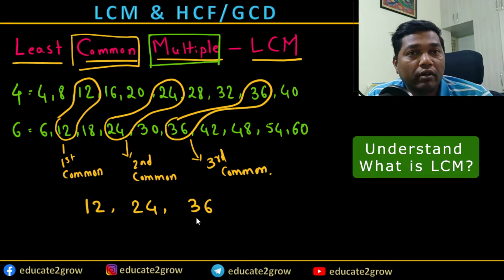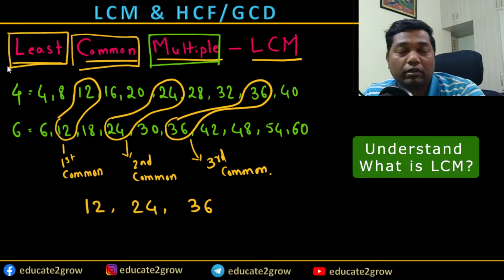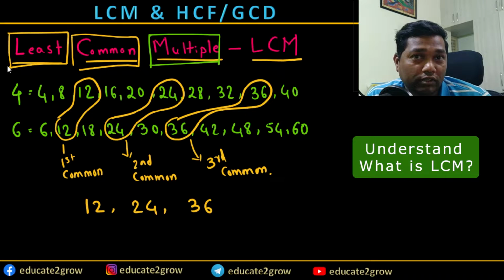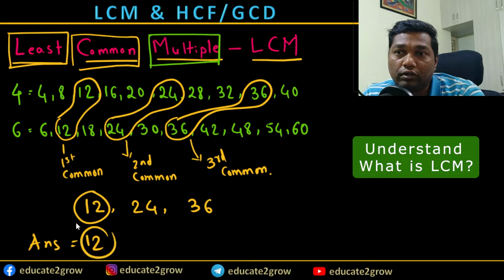Agree? We need to find now the least number from this common list, that is this one. This is the minimum number, this is the least number, and this is the first occurrence from the list of common. So the answer is now 12.